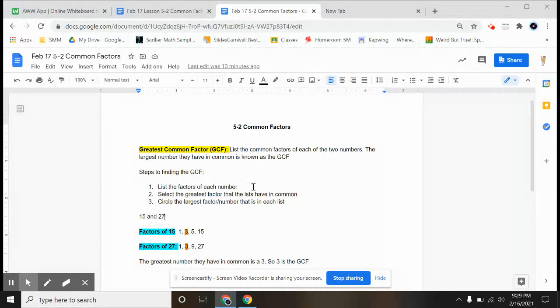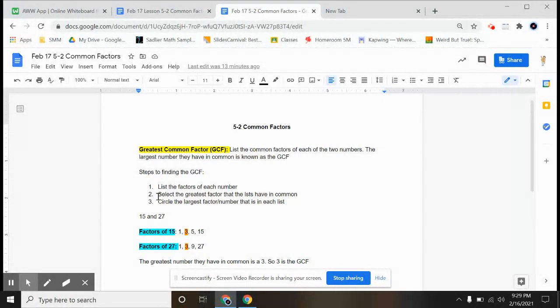They're pretty simple. Some of you may already know how to do this, but for step number 1, the first thing you're going to do is list the factors of each number, and we're going to practice some of these so that you feel more comfortable with this before I just give you the assignment that you're going to work on today. Once you list the factors of each of the numbers, and again, remember this math vocabulary.